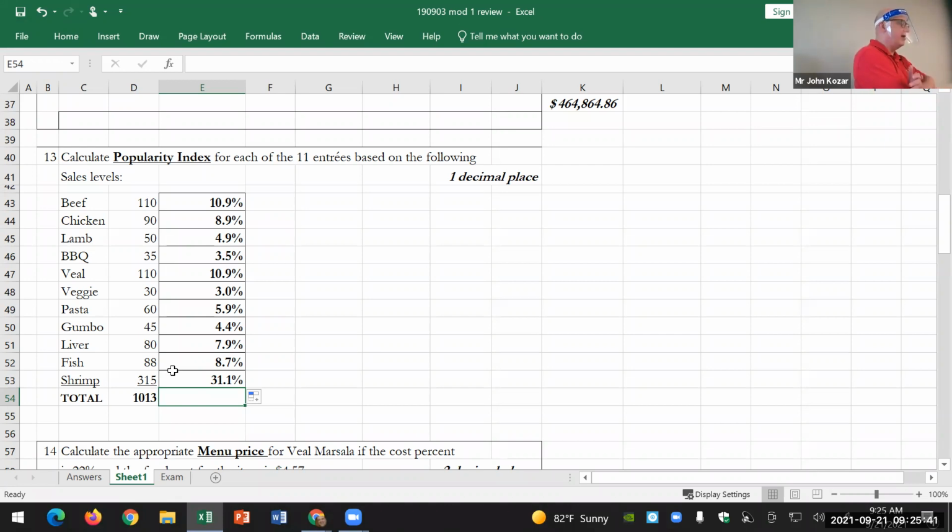But a place like Popeyes or McDonald's that has a varied menu, this would be of interest to them. It's going to tell them how many quarter pounders they need to order, how many chicken breasts, or how many orders of spicy chicken or regular chicken that they need to order to run their operation.